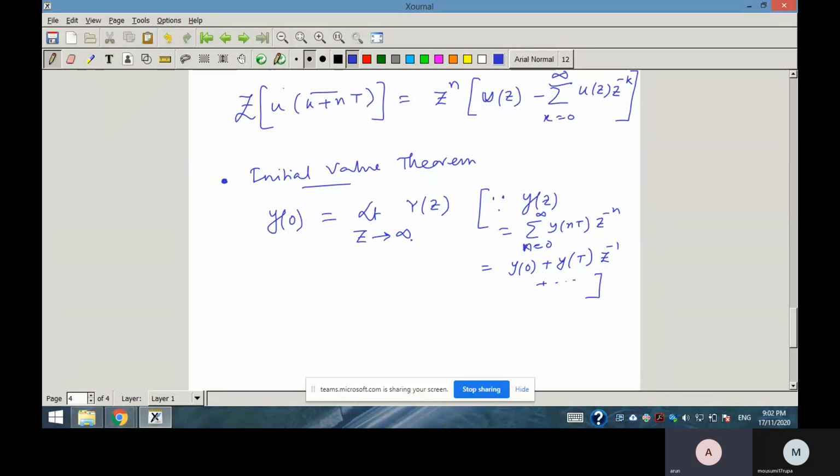So ultimately y0 will be this one. Similarly, the final value theorem.